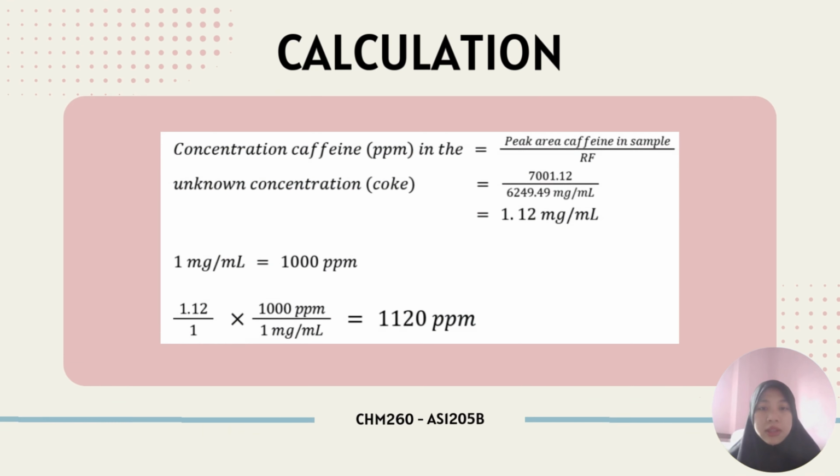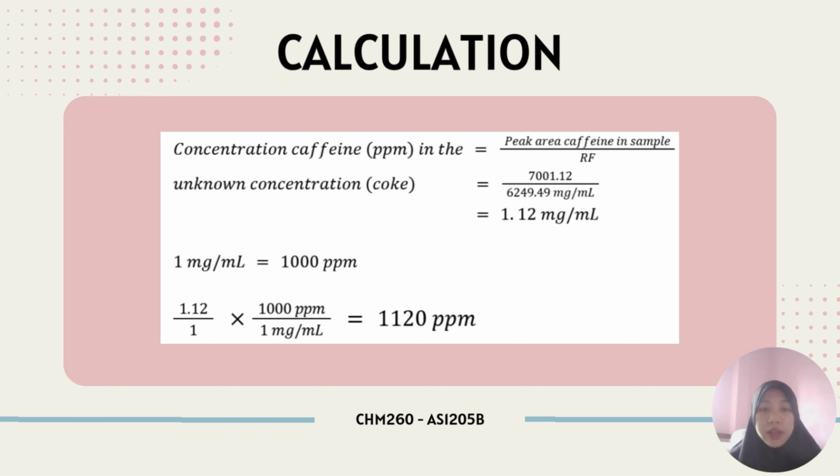Using the response factor that we obtained earlier, we can now calculate the concentration of caffeine in the unknown sample, which in this case is Coke. To do this, the peak area of the caffeine sample is divided by the response factor, yielding a concentration of 1.12 mg per milliliter.